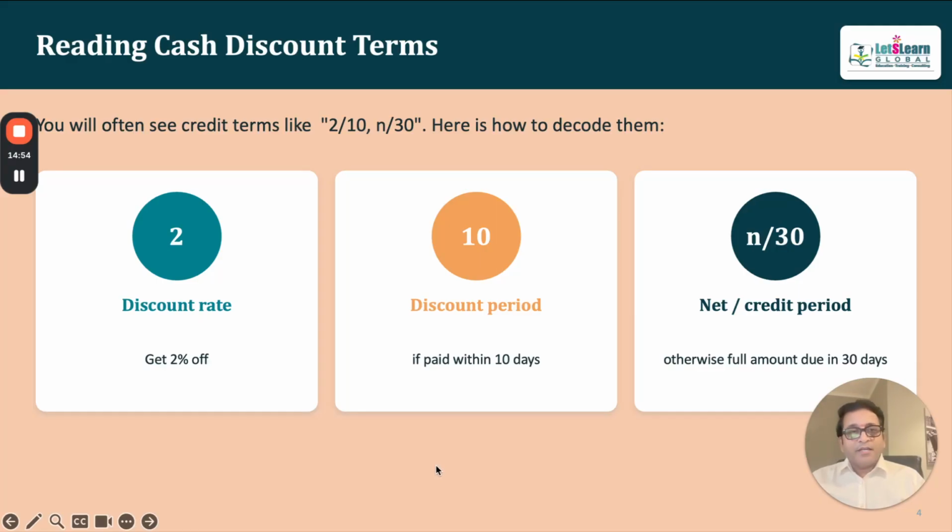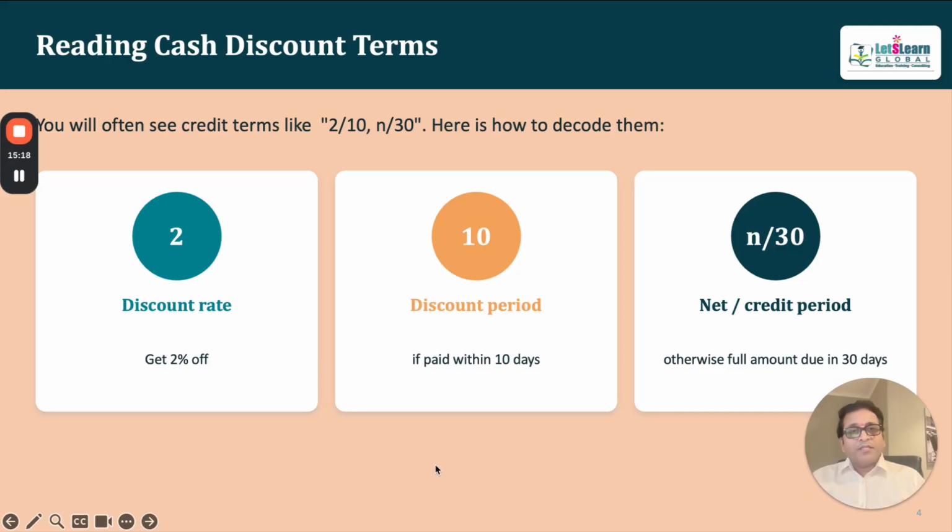January 1st is the sale date. Within 10 days from January 1st, on Jan 10th or before that, when a customer pays, we offer him a 2% discount, which means for every $100 of invoice, we will collect 98 and knock off his account for $100. We will bear the cost of $2.